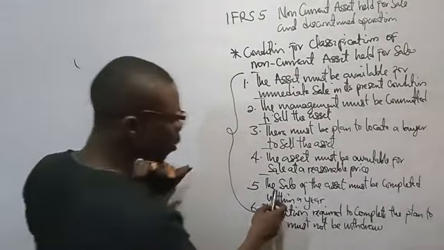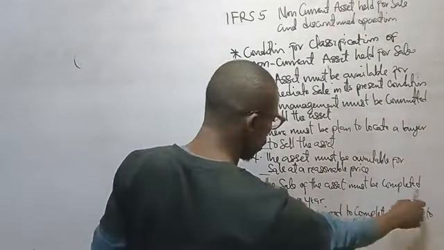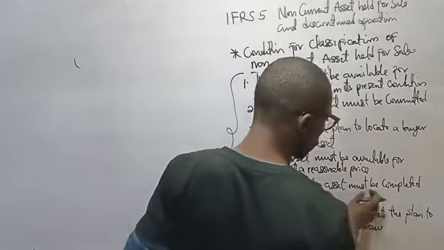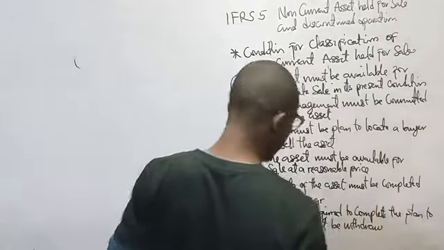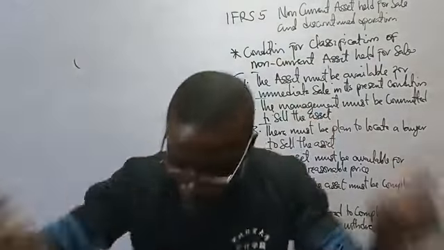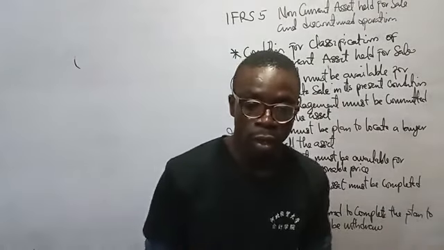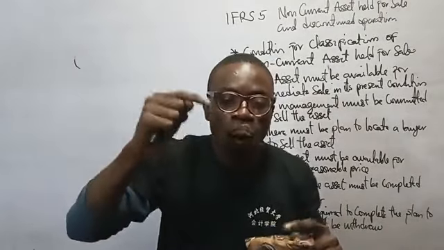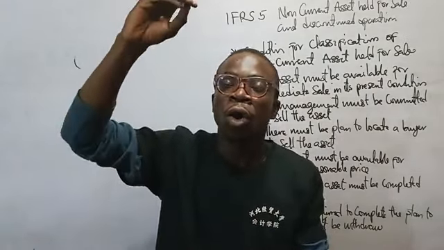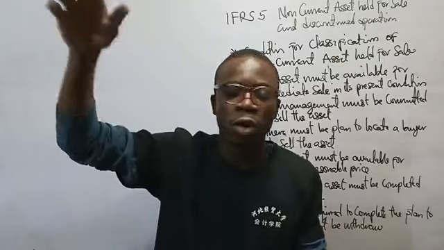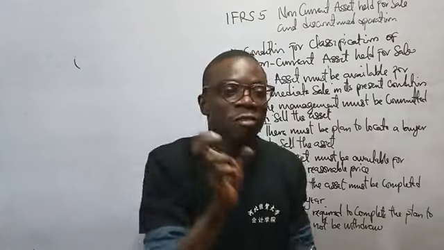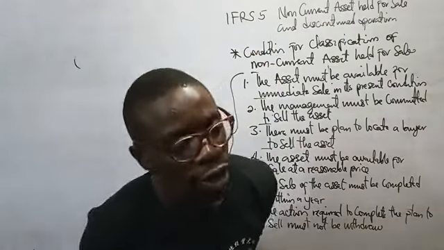5 is that the sales of the asset must be completed within a year. That is the reason why when an item of PPE, property, plant and equipment, is classified as held for sales, it will not be under non-current asset again.